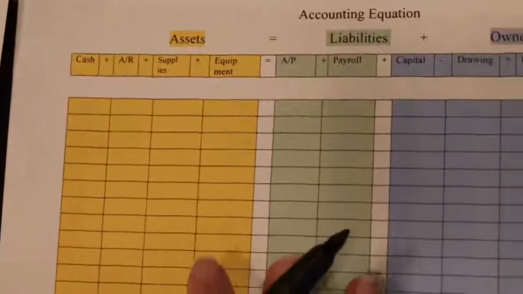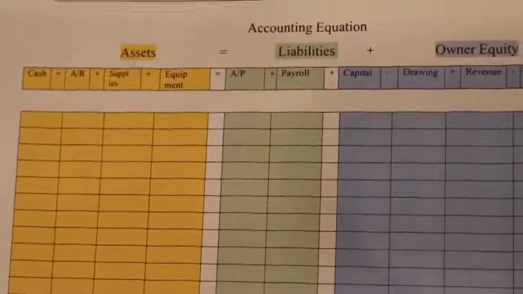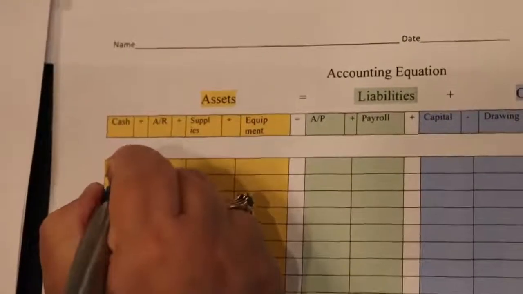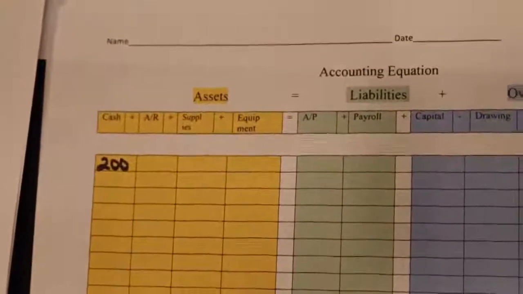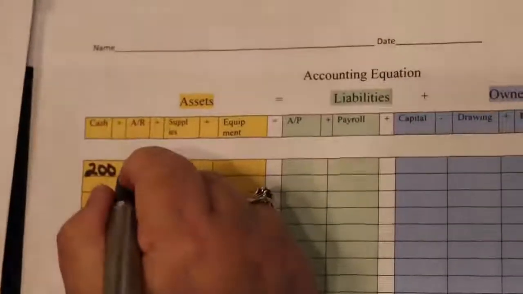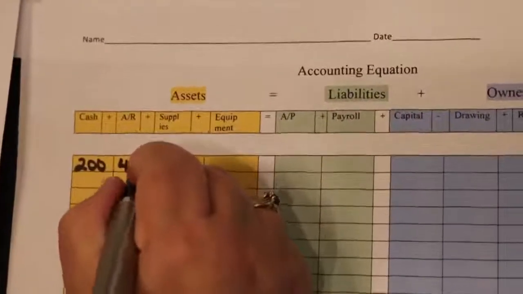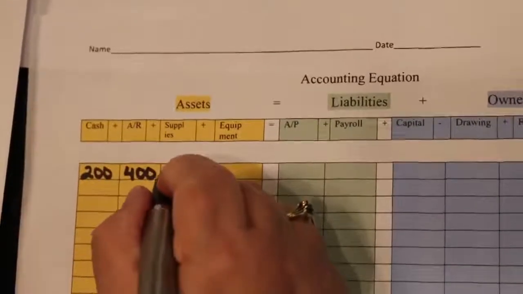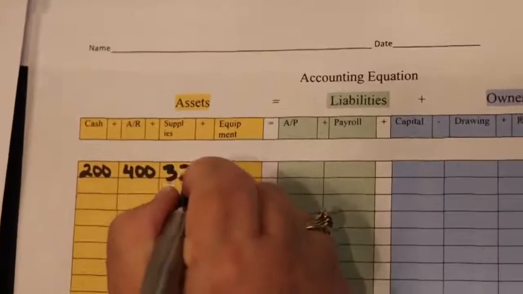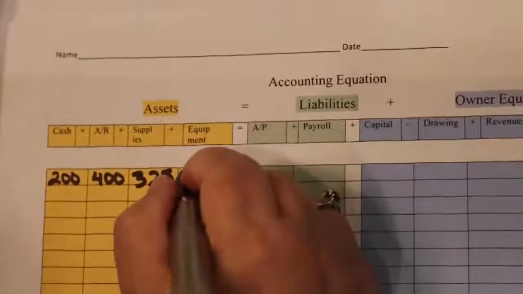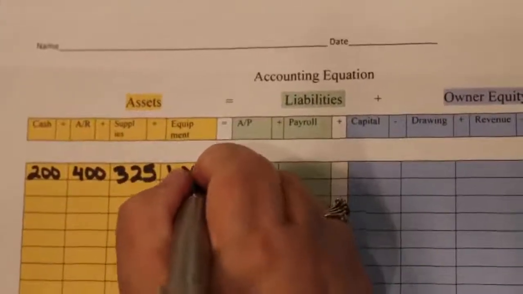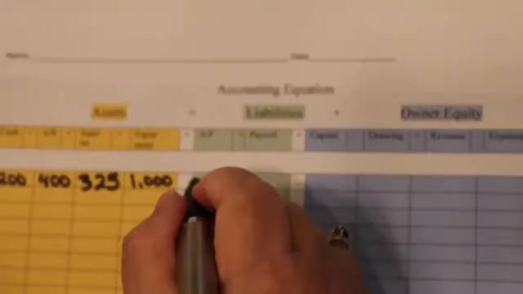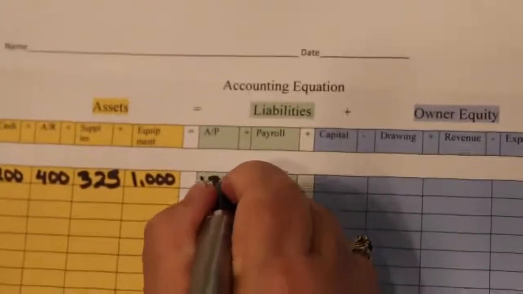The first one, we have assets, cash of $200. In accounts receivable we have $400. Supplies $325, and equipment $1,000. Under accounts payable, we have $125.